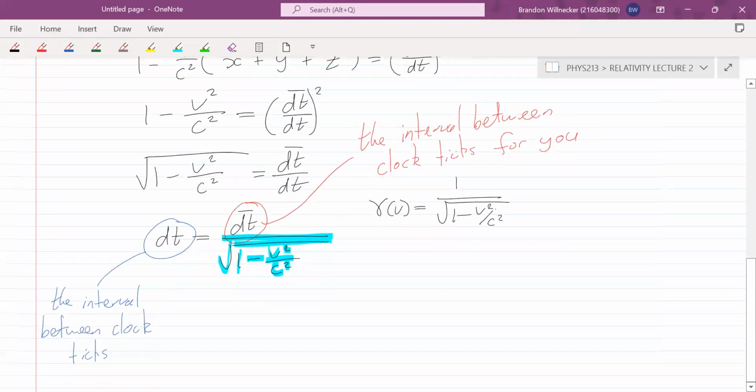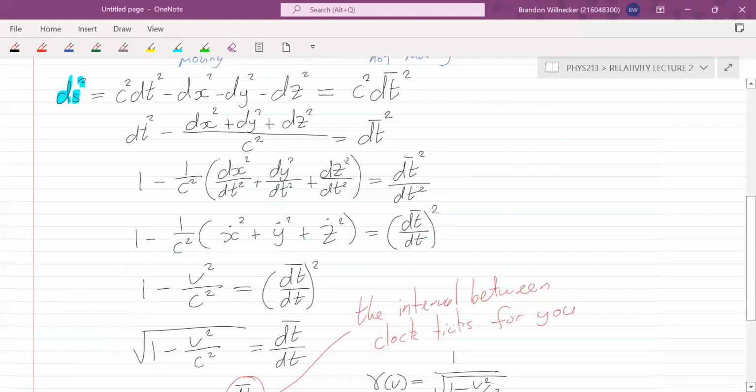And then for this one, I should say for me. Because we've got two different views of what's going on.